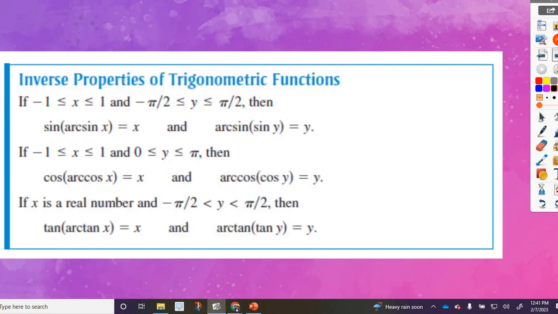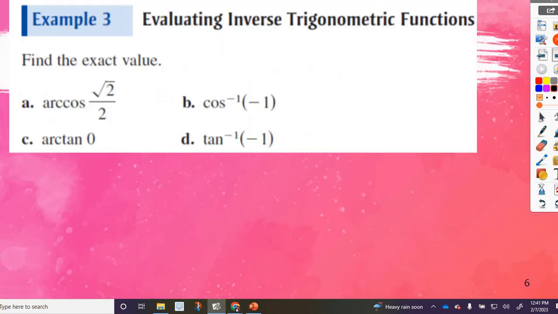Backwards with that. So this just says basically the same properties apply to the other one. So arc cosine of square root of 2 over 2. In other words, where does cosine equal square root of 2 over 2? What do we think?